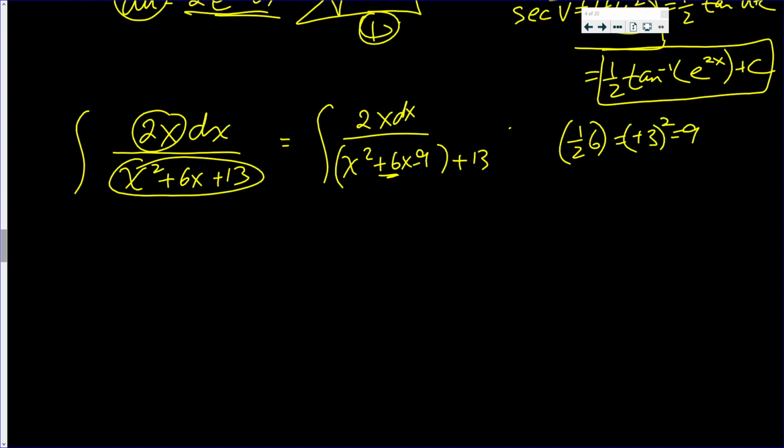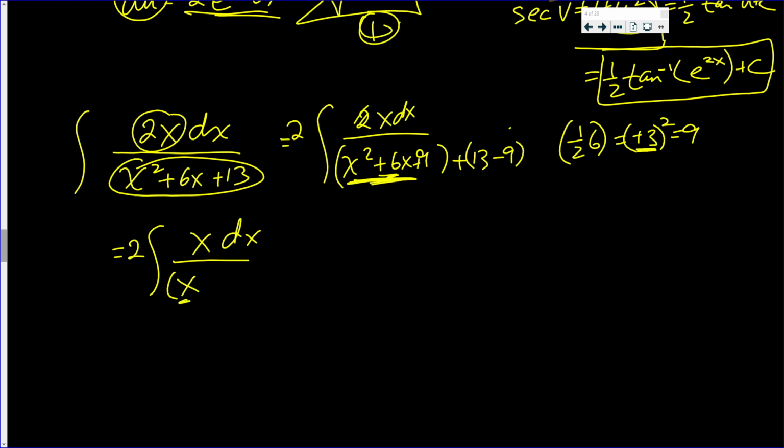You want to add 9 and you want to take away 9. So what you now have is, and we're going to pull a 2 out in front, x dx on the top. You have this being something squared. What comes next to this x? That number plus 3 squared. 13 minus 9 is 4.